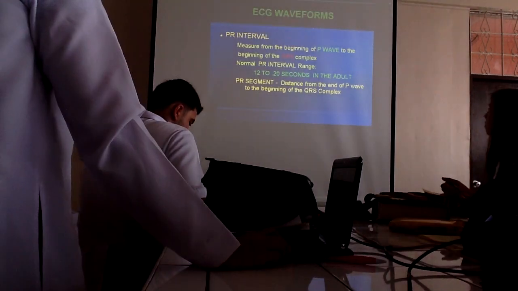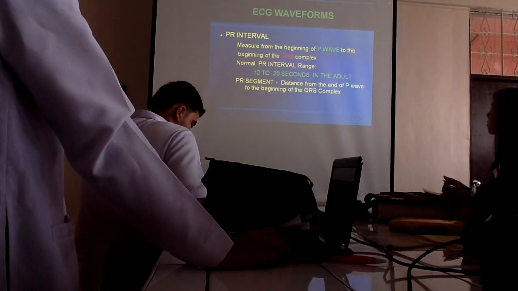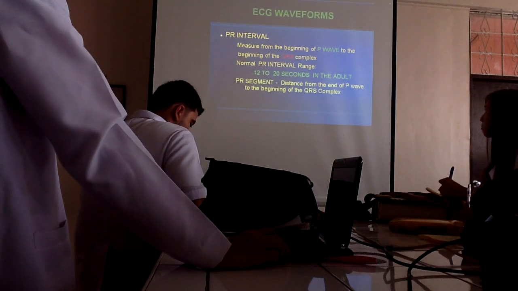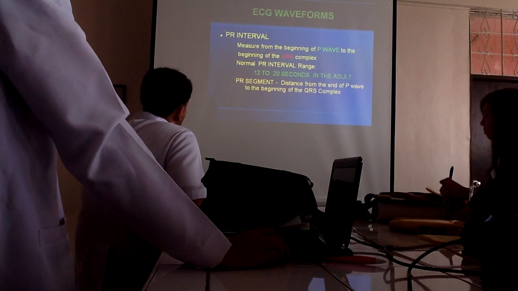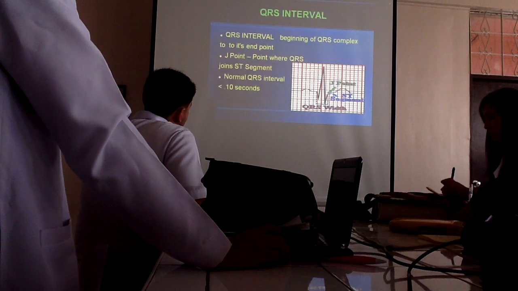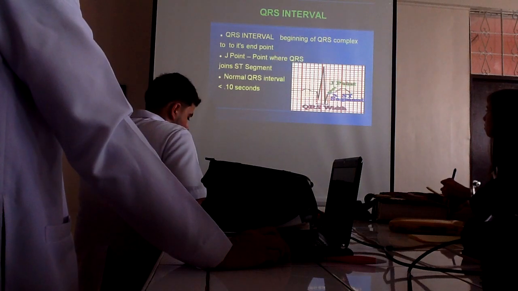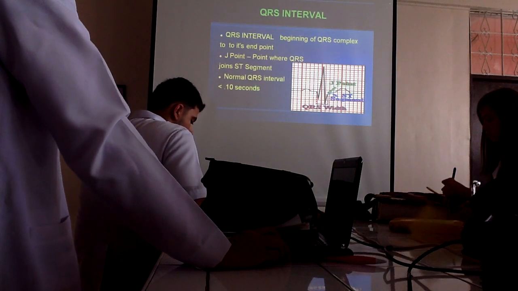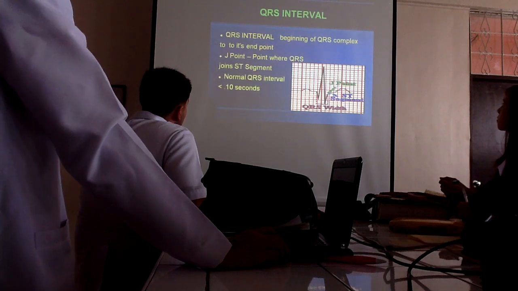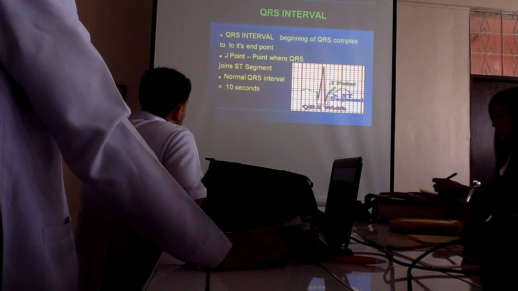Now, your PR interval, the normal is about 0.12 to 0.20 seconds in the adult. The PR segment is the distance from the end of your P wave to the beginning of your QRS complex. Your QRS interval, as I've stated earlier, is the beginning of your QRS complex to the end point of your QRS, and the normal is about 0.10 seconds.